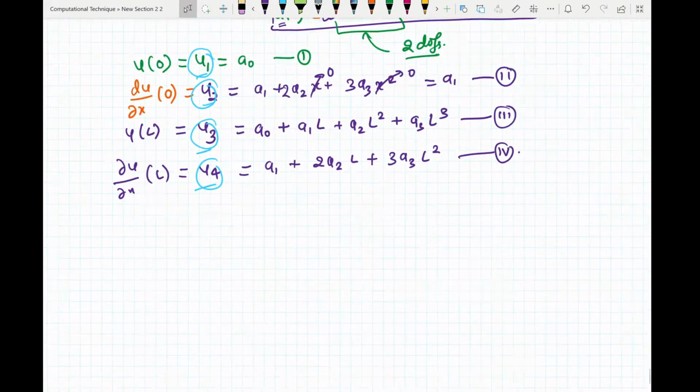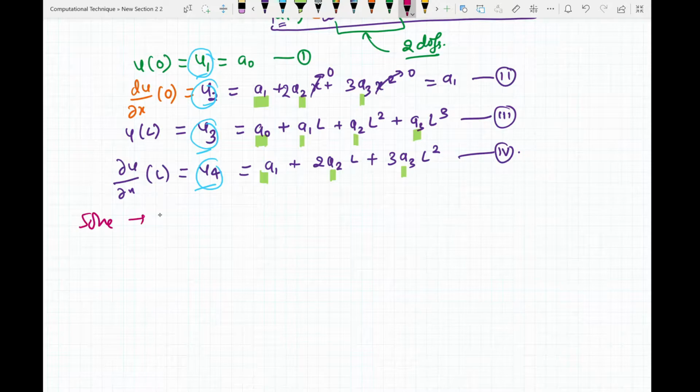Now here we have to solve for A0, A1, A2 and A3. Now to do this, there are two methods. You can solve them by substituting the values, or you can do it by matrix method.